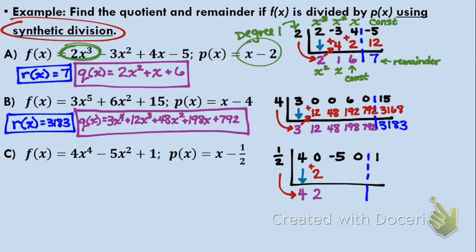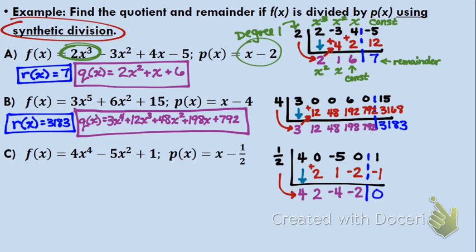Add those together, -4. And so then I have -2. Add those together. I get what here? -1. Add those together, and my remainder is 0.